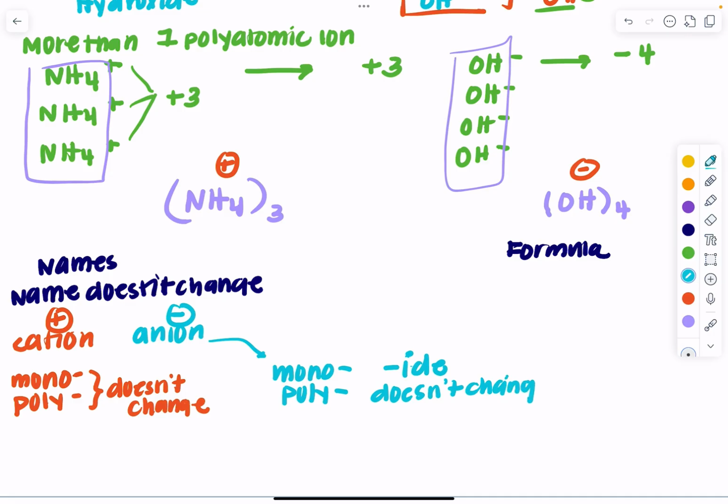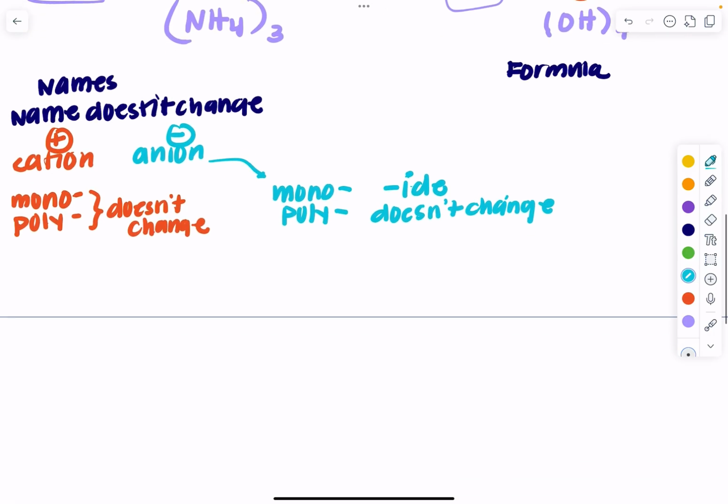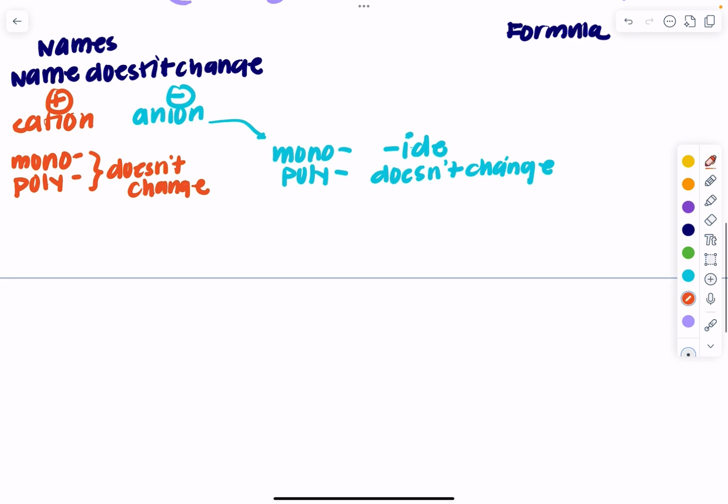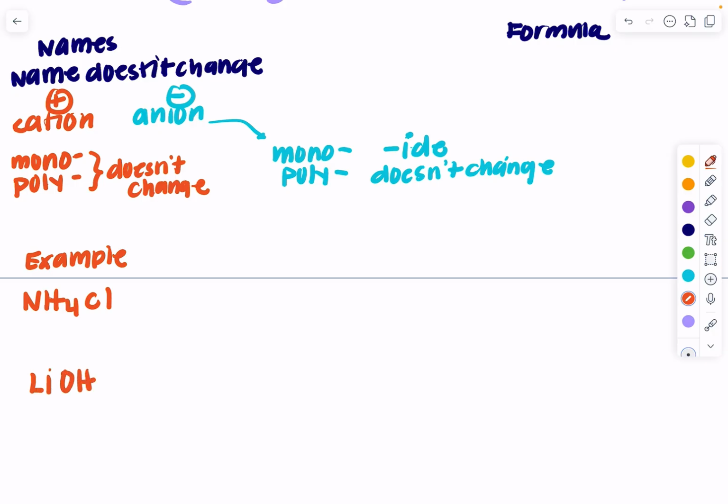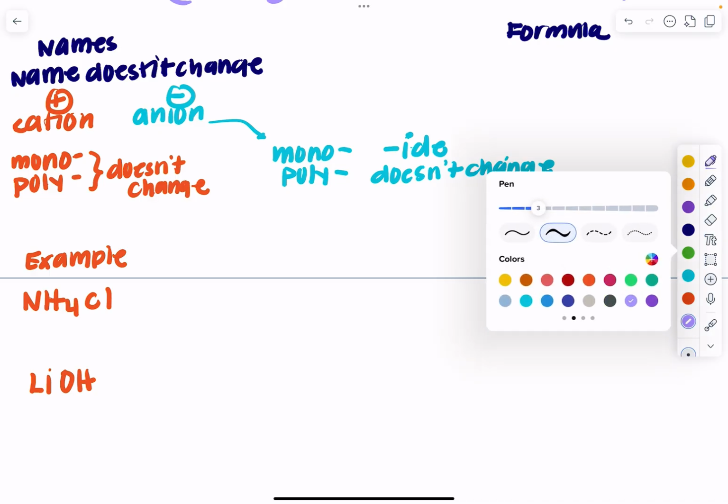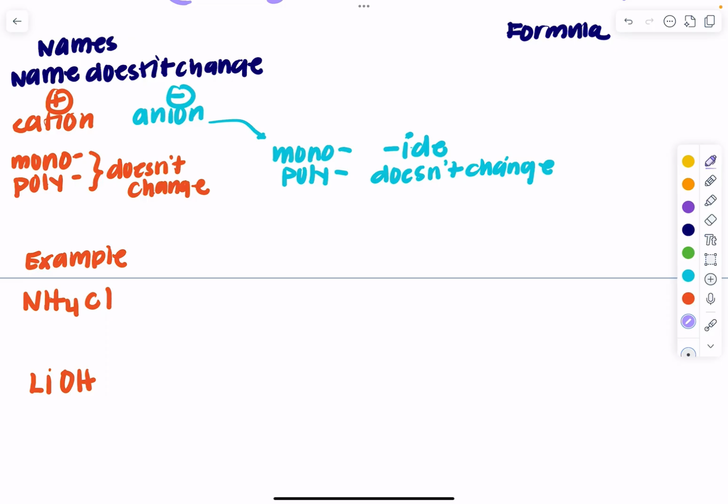Okay, let's look at some examples of just naming. Okay, so let's say we have something like NH4Cl. Okay, and let's do something like LiOH. Here we know that NH4 has to be a polyatomic ion because there's two elements in front of chlorine.